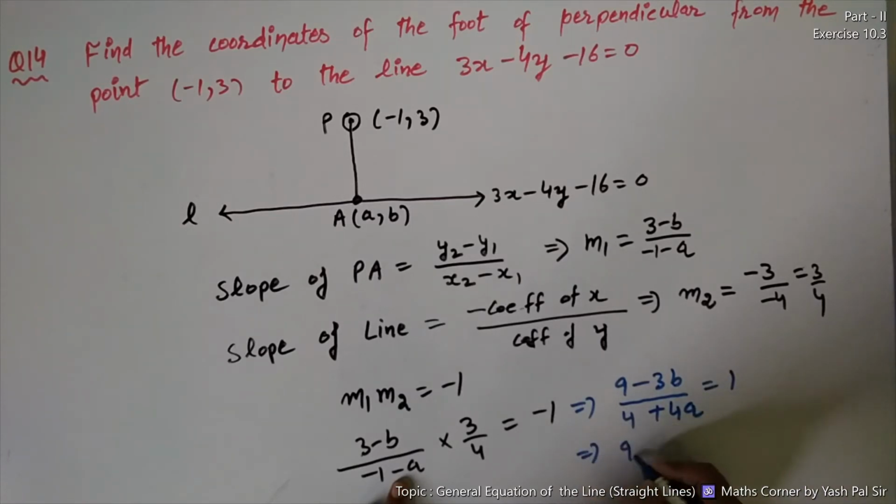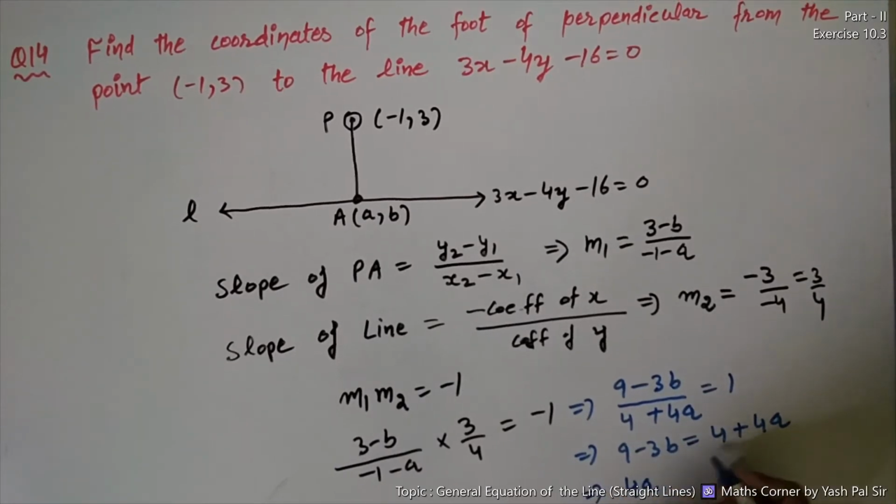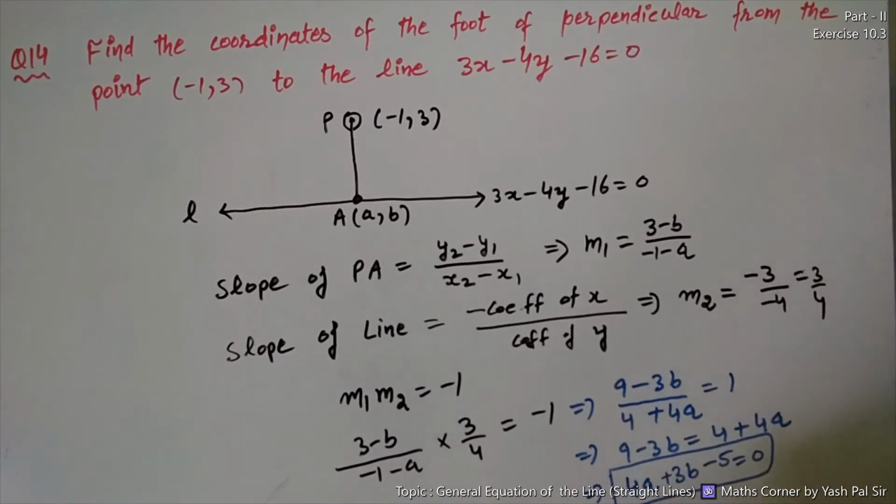So that means 9 minus 3b is equal to 4 plus 4a, right? We can write this equation as 4a plus 3b minus 5 is equal to 0, right?